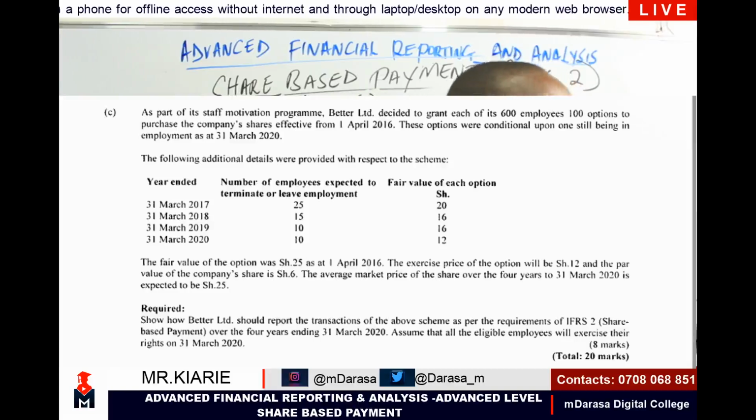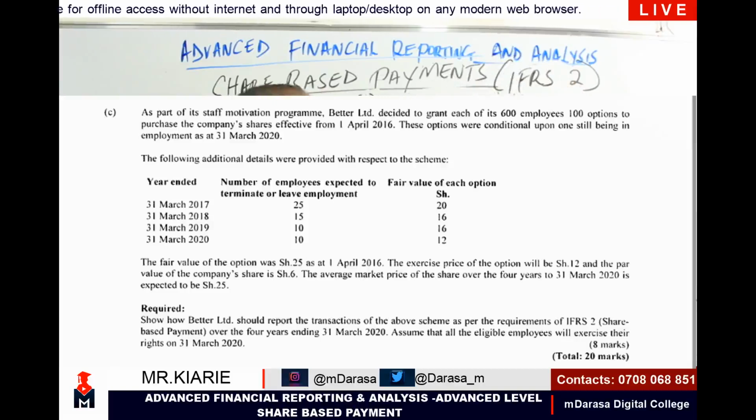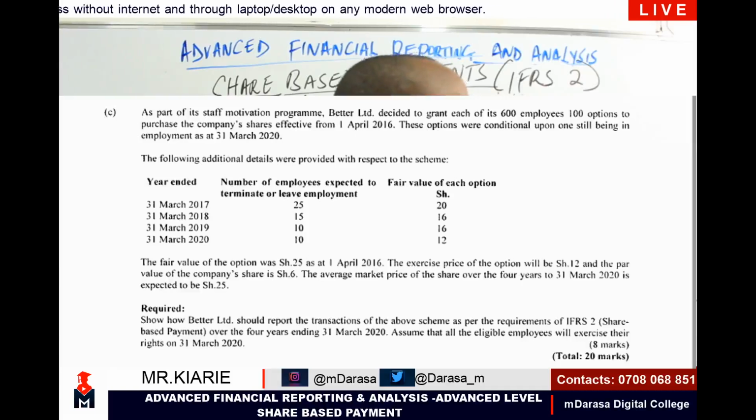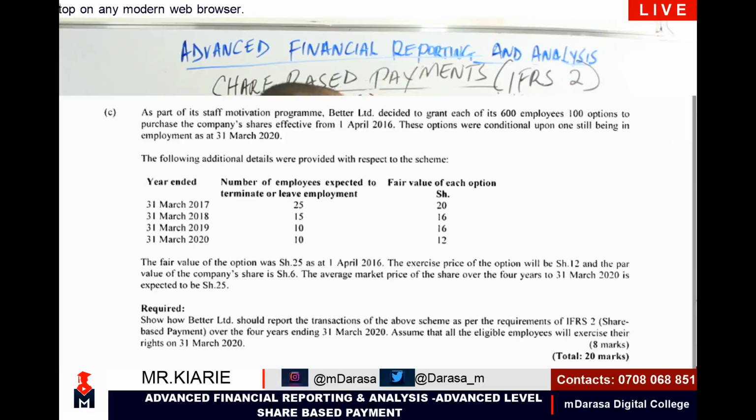That is the grant date. The exercise price of the options will be 12, and the par value of the company's share is 6. The average market price of the company's share is 25. You are required to show how Yi Limited should report the transactions of the above scheme as per the requirements of IFRS 2 share-based payment schemes to earn yourself 8 marks.